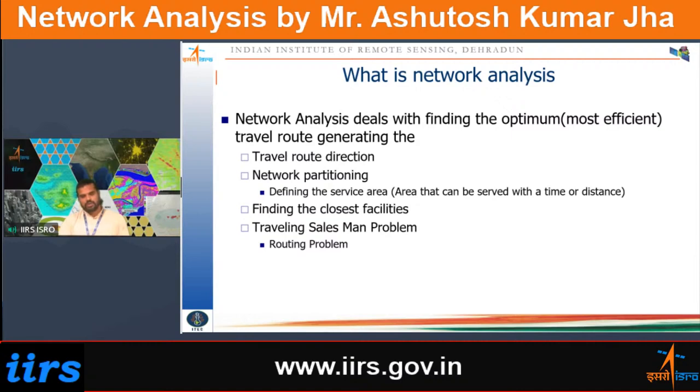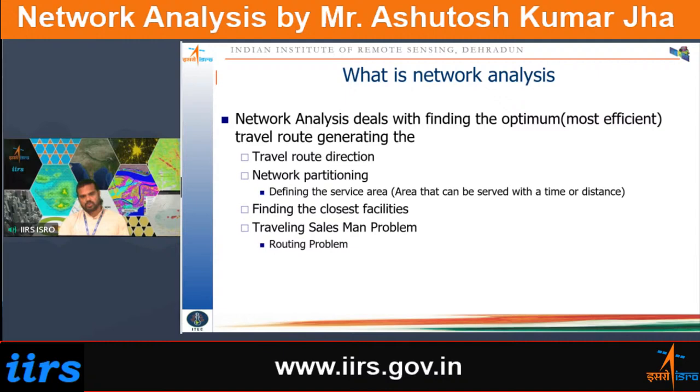So generally in network analysis, we deal with finding the optimum travel route paths. You just provide directions, and based on that we can get the output. Network analysis basically provides you those tools.